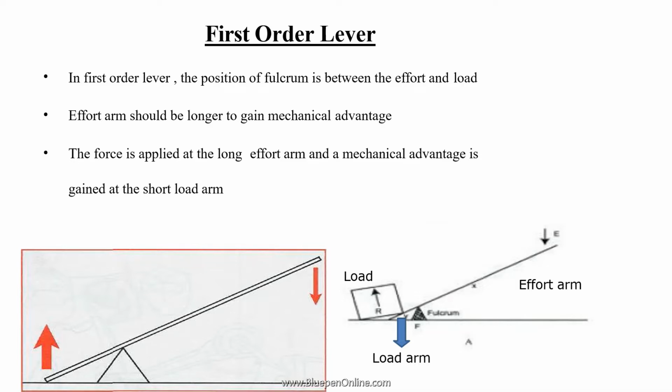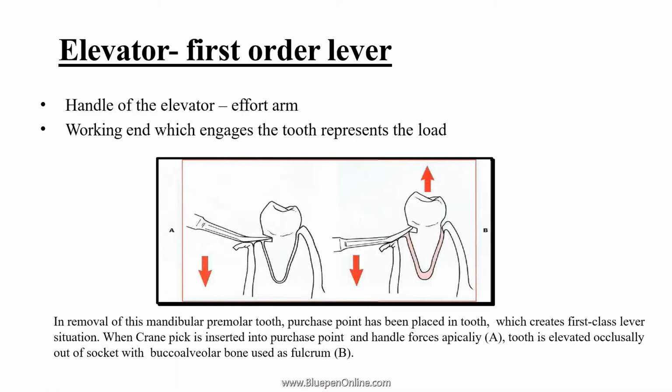Now let's make this more clear. Let's take the example of an elevator for the first order lever principle. When it comes to the elevator, we consider the handle of the elevator as the effort arm. The working end which actually engages the tooth is the load. So this is how the first order lever works.